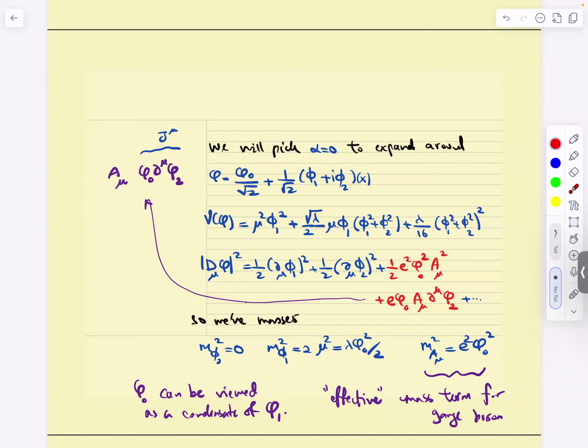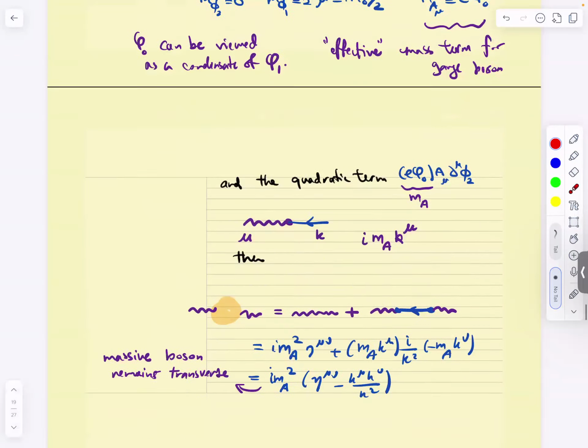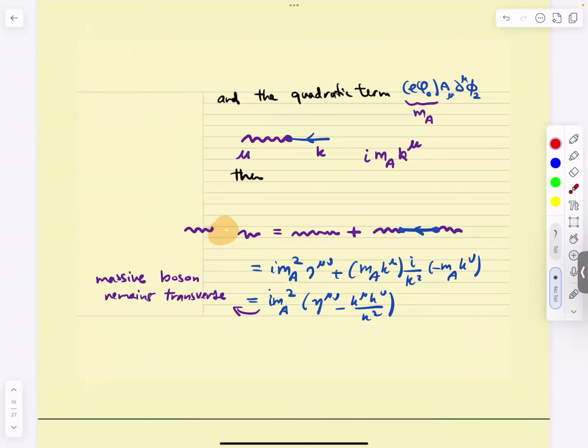There's mixing. If you have 2 degrees of freedom, phi 1 and phi 2, and your mass term looks like this, with entries 1 1, 1 2, 2 1, 2 2, it looks like you have things that mix phi 1 and phi 2, right? So how would you go around this? You just diagonalize the matrix. But this diagram, before you diagonalize the matrix, tells you why the gauge boson is getting mass.